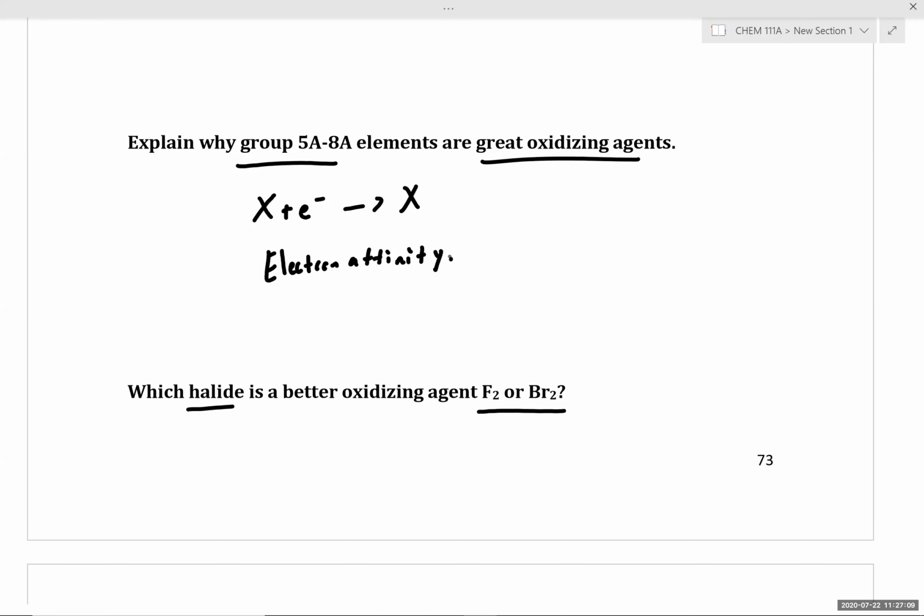The responses I see in the chat look great so far, and we'll discuss in about another minute.